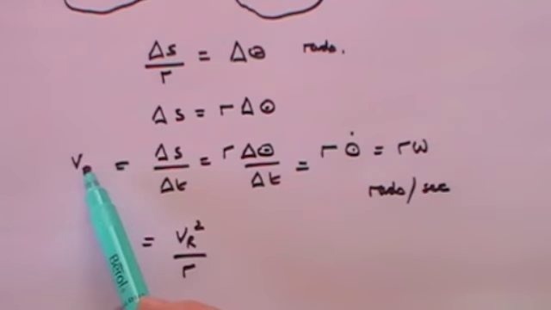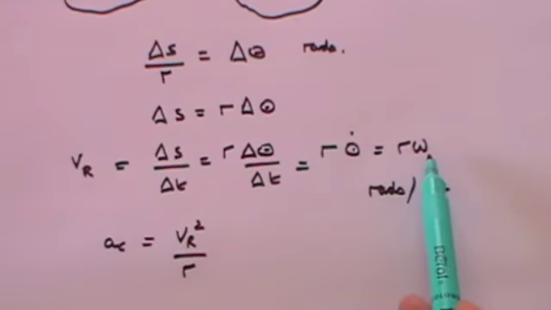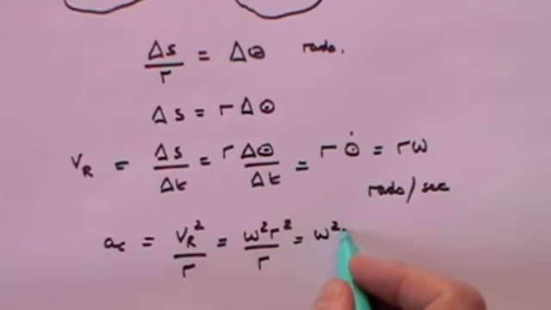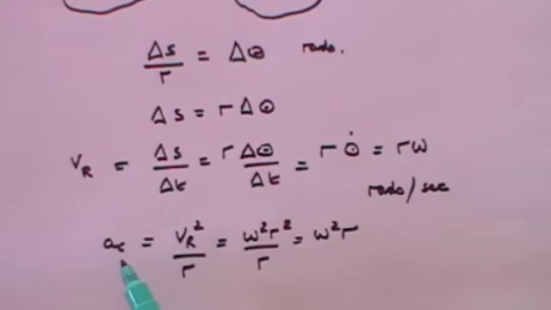But since we've just shown that the velocity is equal to r omega, we can substitute that v in here for r omega. We now get omega squared r squared over r, which of course is omega squared r. So the centripetal acceleration, which I repeat is the acceleration directed towards the centre, not the acceleration around the circumference, can either be expressed as the rotational velocity squared divided by the radius, or the angular velocity squared multiplied by the radius.